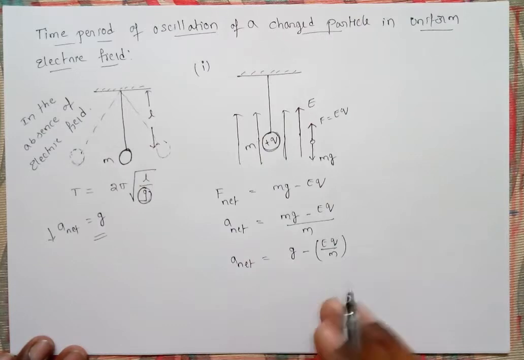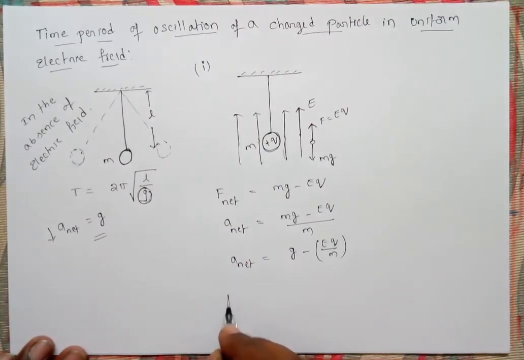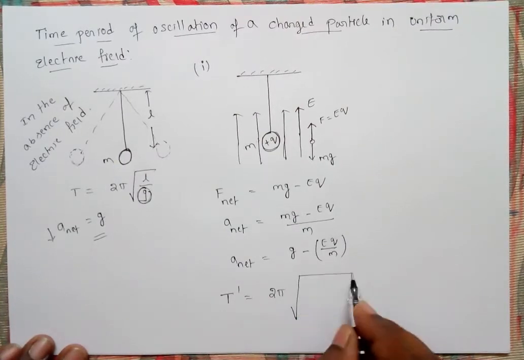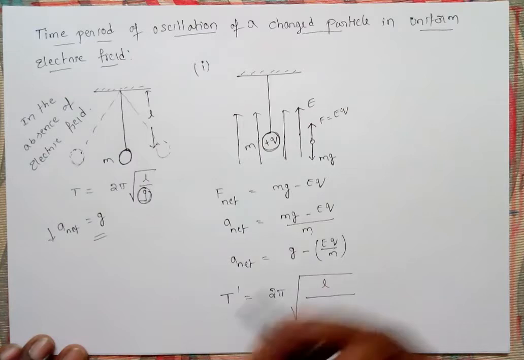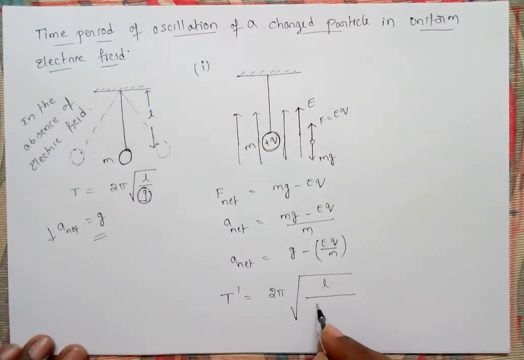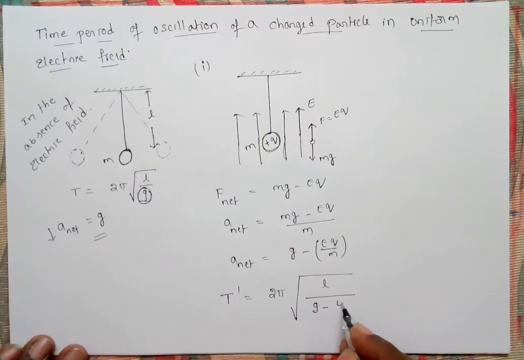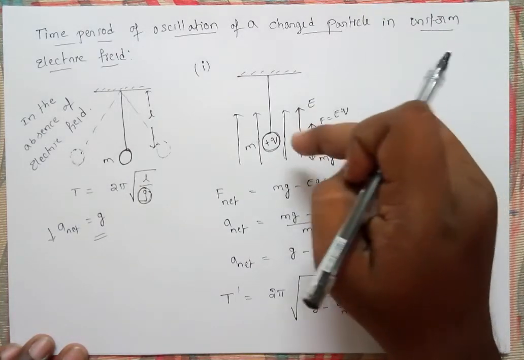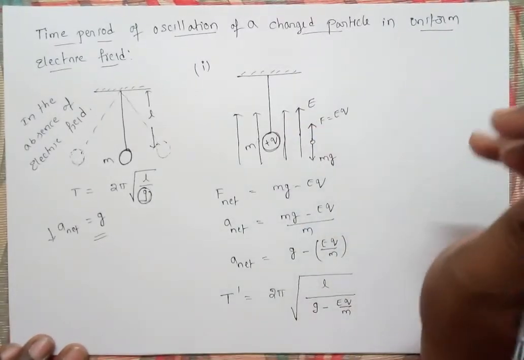So the time period expression is going to change. The new time period T dash is 2 pi into root over L by (g minus EQ by m). This is the new time period when the electric field is upwards and we have taken the positive charge.